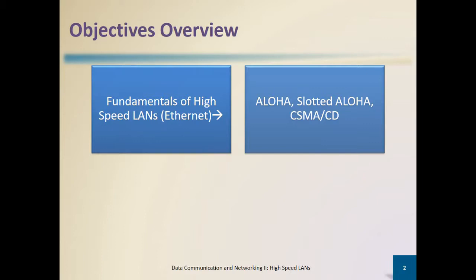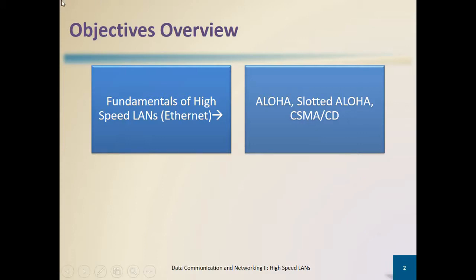We'll look at some of the earlier standards for high-speed transmission, from Aloha to carrier sense multiple access with collision detection, as a way to resolve some of these challenges.